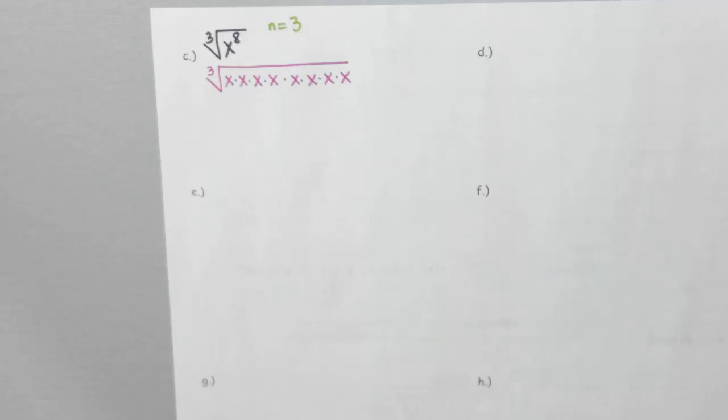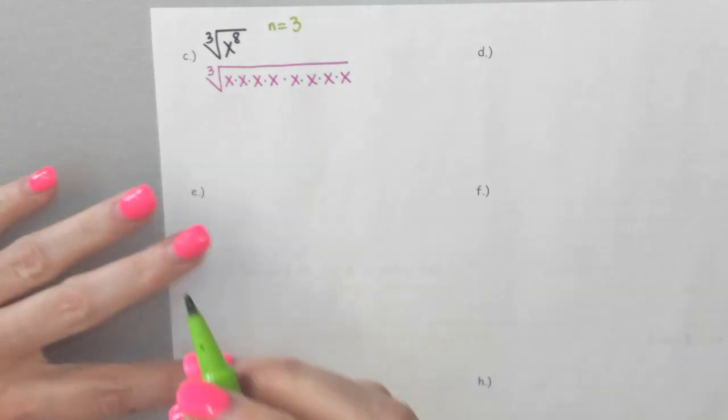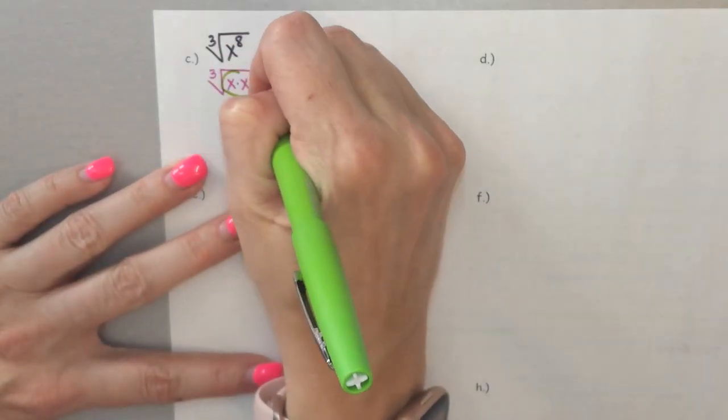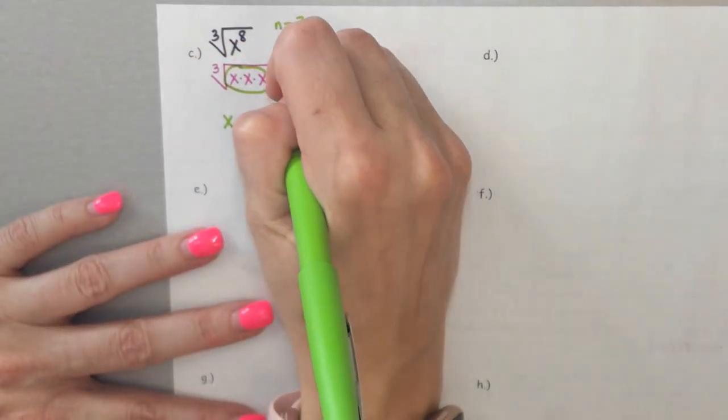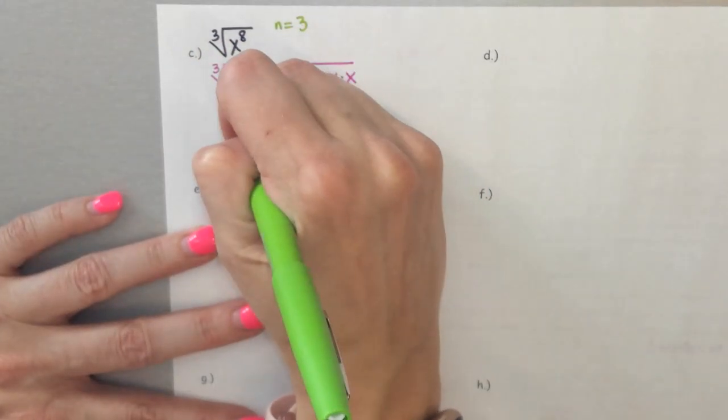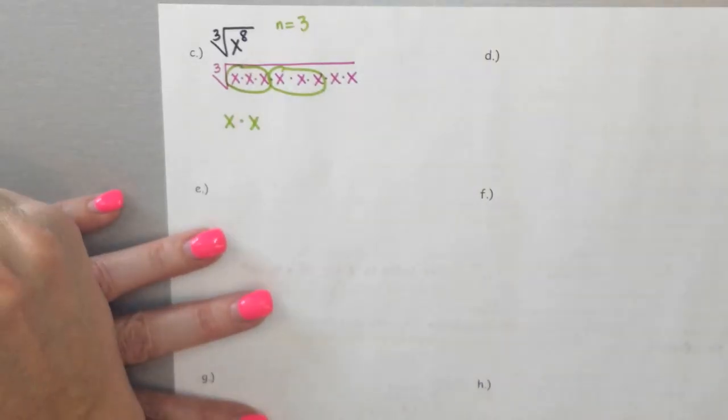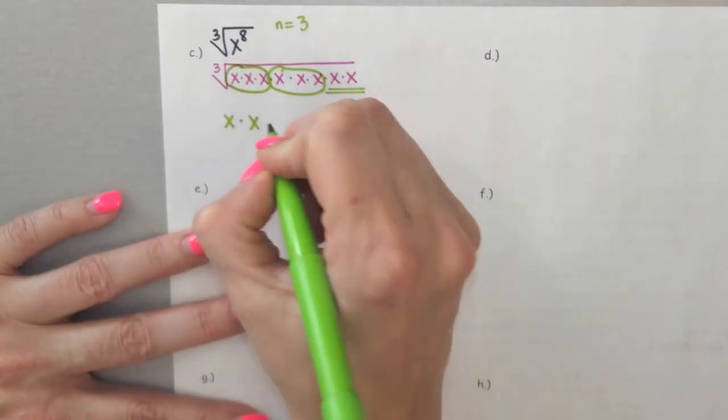So if there's a group of 3, I want you to circle it, and then an x comes out. So you have one group of 3, and x goes on the outside. Another group of 3, another x goes on the outside. These two are stuck inside.